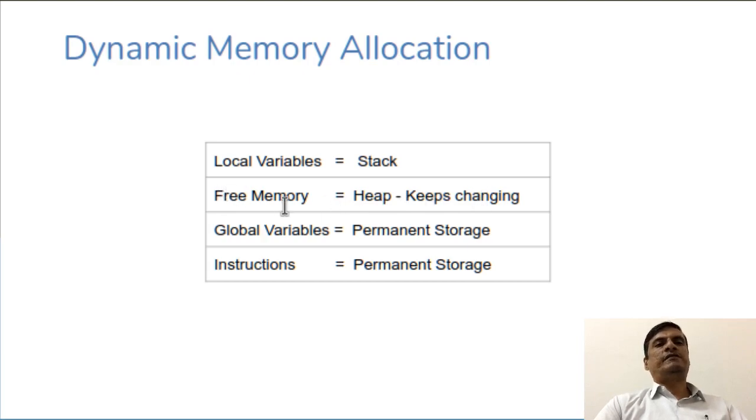The free memory is allotted there, and the stack memory is used by local variables: whenever you call a function, the local variables are stored and restored when a call to a local function happens. So you need to clearly understand what the stack is, what the heap is, what permanent memory is, where the instructions and global variables are stored, where the free memory is, and for what purpose the local variables and the stack are used.